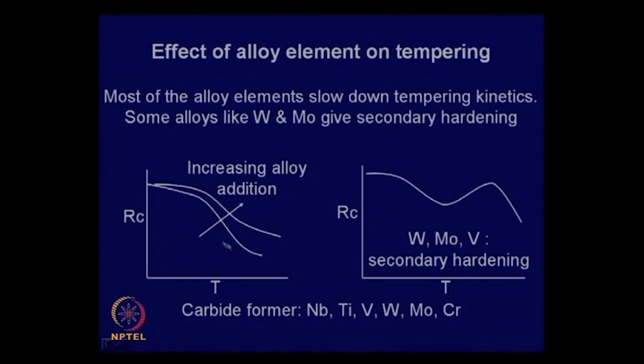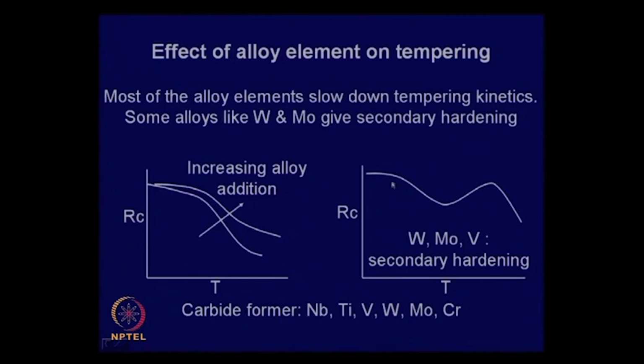So, that is why this hardness keeps dropping. If you increase the alloy content, the rate at which these processes take place slows down. They control diffusivity, because all this transformation is diffusion control. Therefore, they become slow.